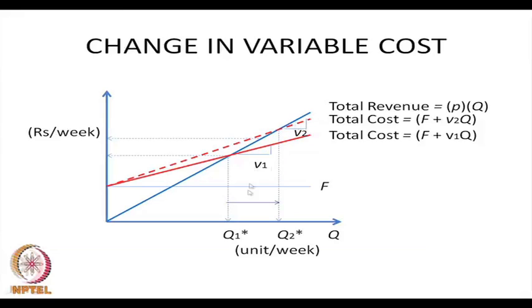When it had a lesser slope, the break even point was here, Q1 star, but when variable cost rises, the break even point goes up. That means the margin of safety is less if fixed cost rises or if variable cost rises. So, one has to be careful.